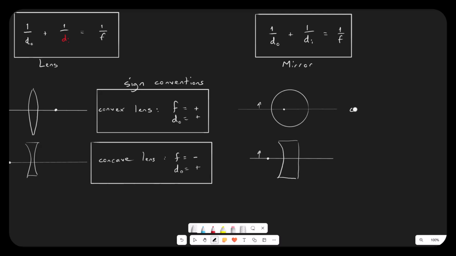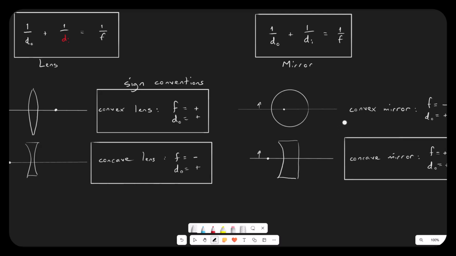So for a convex mirror, our focal length is negative and our object distance is positive. For a concave mirror, our focal length is positive and our object distance is positive. Those are our starting sign conventions.